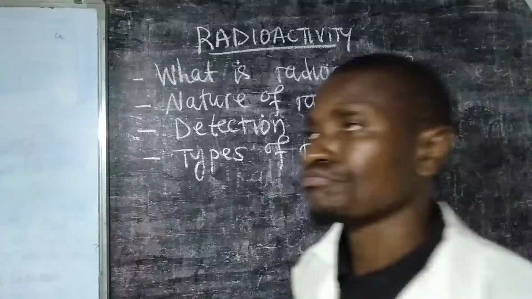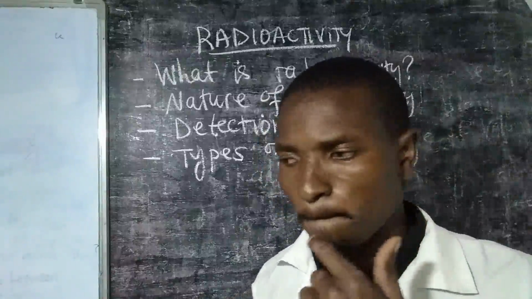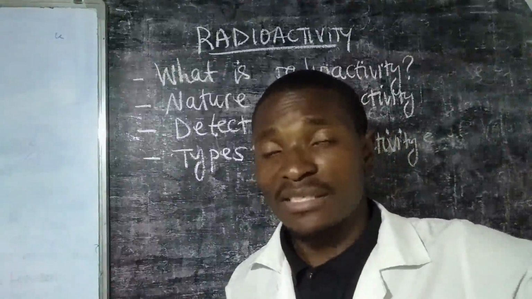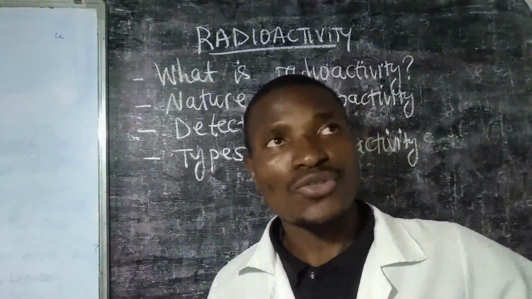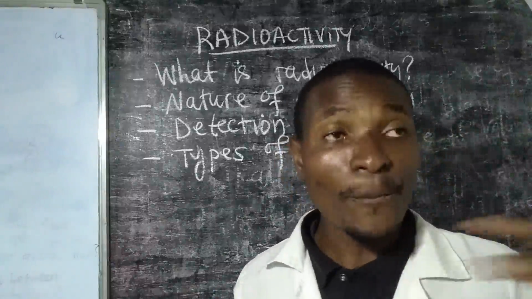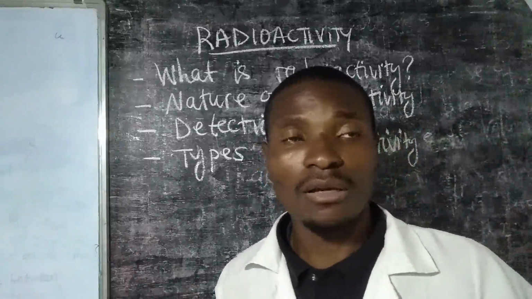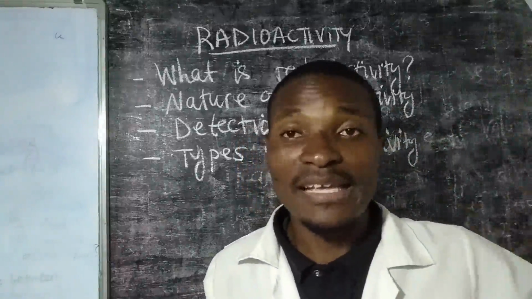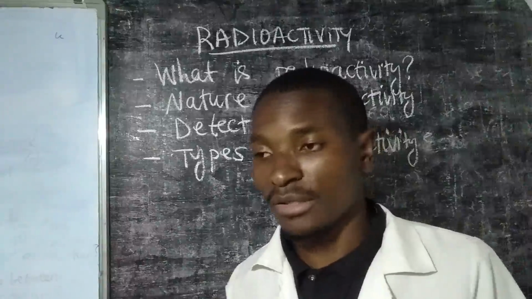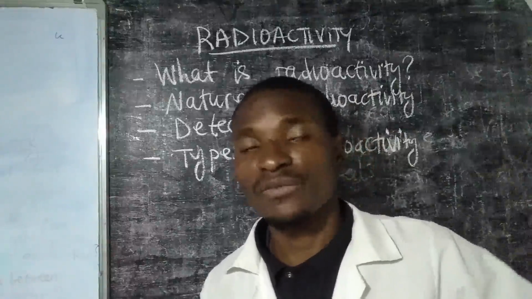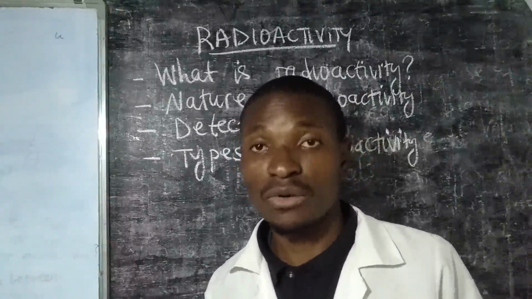For instance, you are going to discover that even the sun itself can produce some of these radioactive rays that can have an impact on us human beings. Probably one of the impacts known so far is that they can cause cancer in our body, because the sun itself comes with some radiation that can cause cancer.